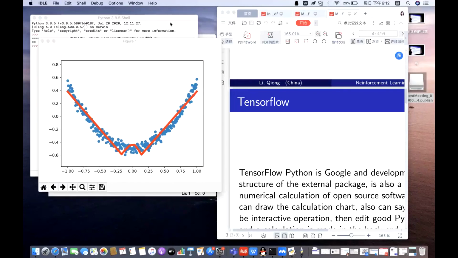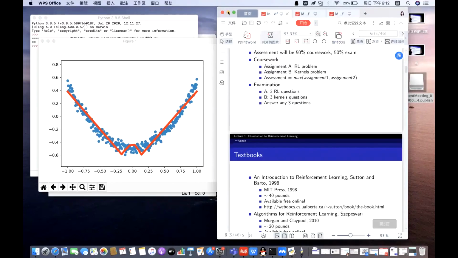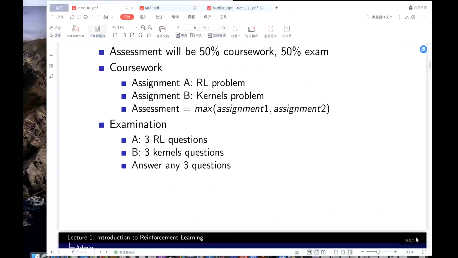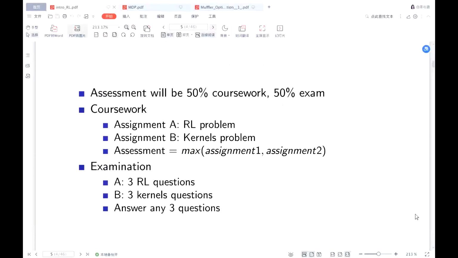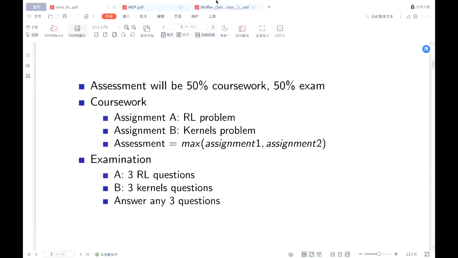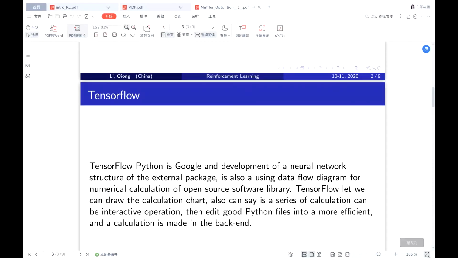And next, I learned about policy gradient.